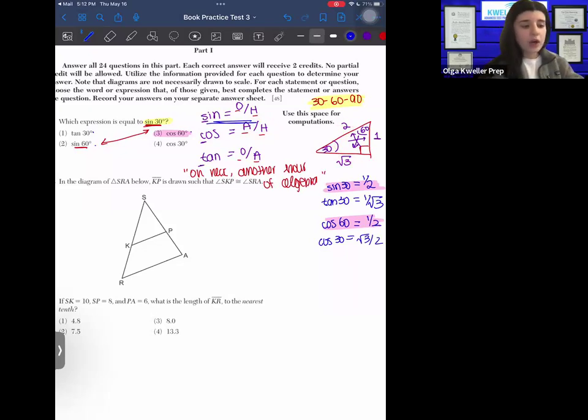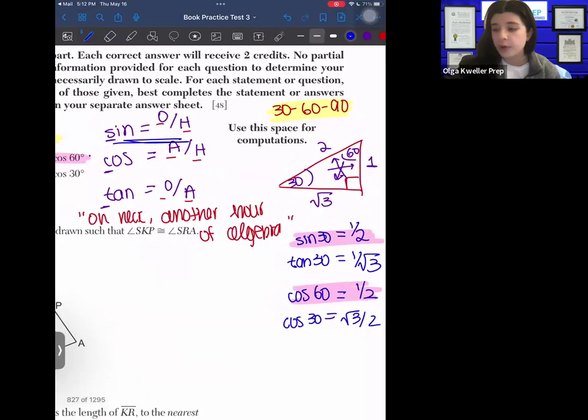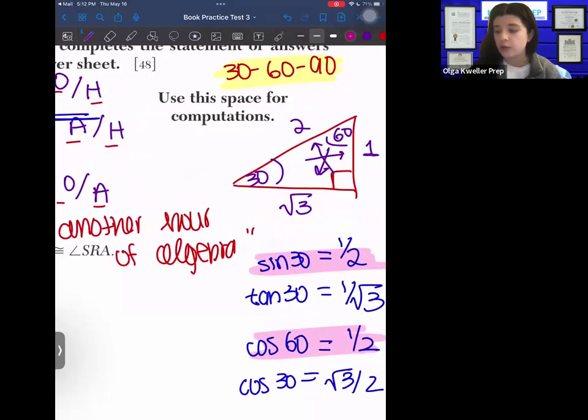Okay, any questions so far? Let me be perfectly clear because the vocabulary we use on the exam is very important. I want you guys to be very comfortable with the words that I'm using to describe the different sides of the triangle, right?